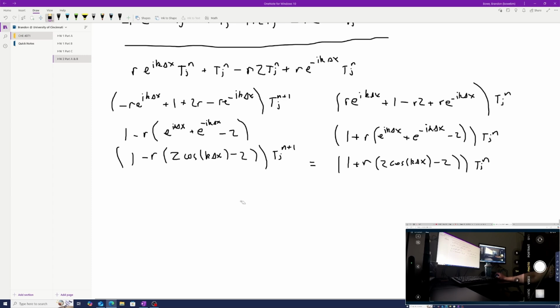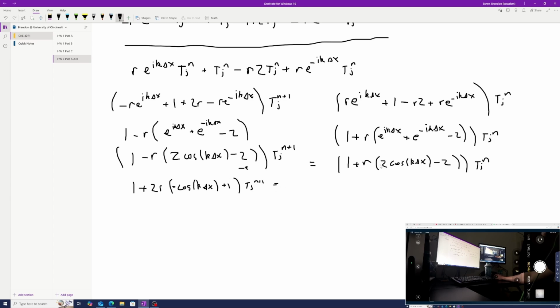Now what we can do is pull out a negative 2 from both of these, giving us on this side 1 plus, because we pulled out a negative 2, 1 plus 2r times cosine of k delta x, which is now negative because we took out a minus 2, and then plus 1 times tj of n plus 1.